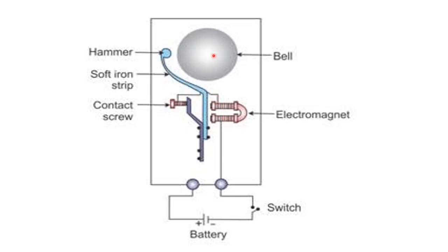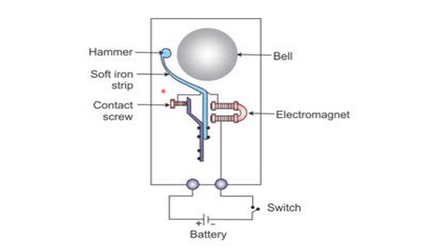Moving on, we can see a big metallic hemisphere. This is the gong. Near to it, there is the hammer. The hammer is attached to the soft iron strip or the armature.